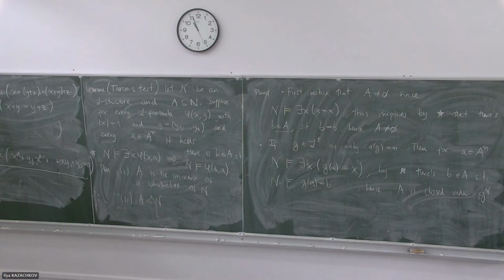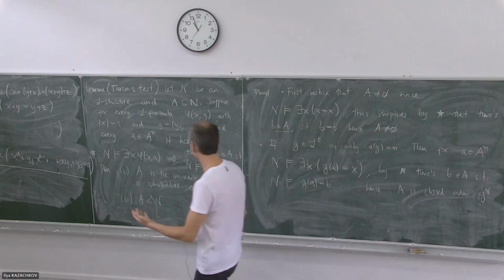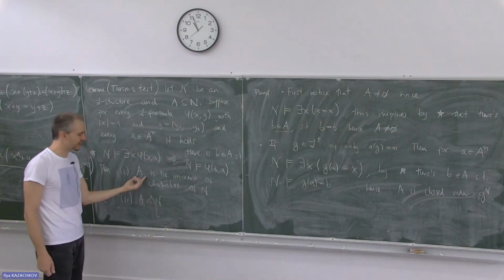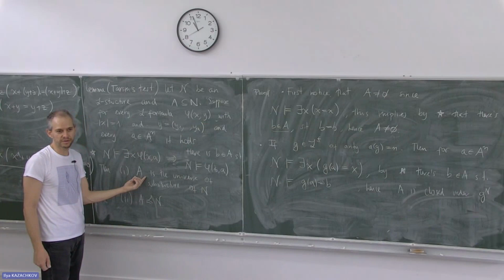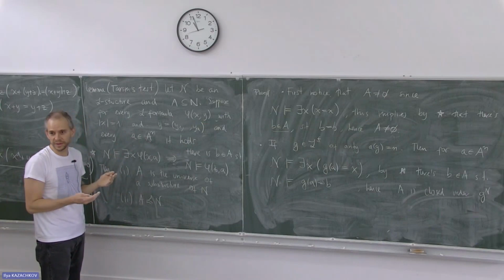Okay. So this already shows it is a substructure for the relations because we define the obvious interpretation for the relations in A as just the intersection with A of the relations in N. This is just a subset.